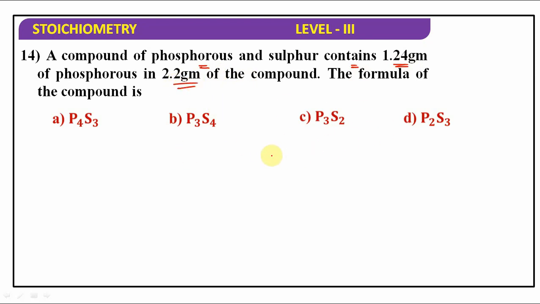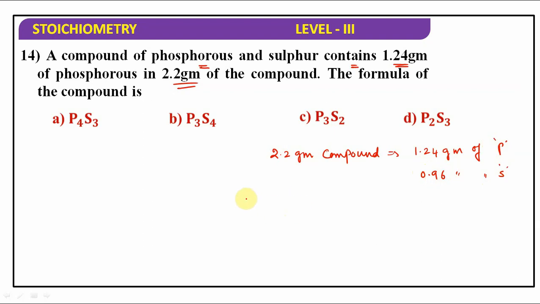See here, compound is 2.2 grams. 2.2 grams of compound contains how many grams of sulfur? 1.24 grams of phosphorus. Understood? Is it clear for you? So what does it mean? What about the remaining? Whatever remains is nothing but sulfur only. So 0.96 grams of sulfur is present.